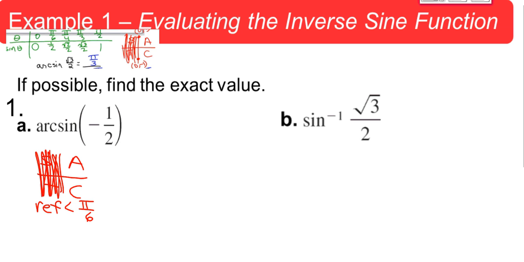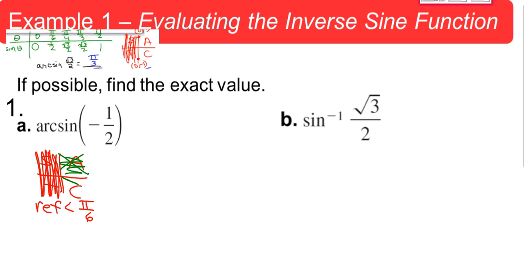And then I'll maybe use a different color just to kind of see. Then I'm going to say, okay, because it's negative a half, quadrant 1 is where all trig functions are positive, and sine is a negative ratio, and in the fourth quadrant cosine is the only thing positive. So we're not going to use that one. I can now block that one out. I'm using a different color so we know it wasn't the original.